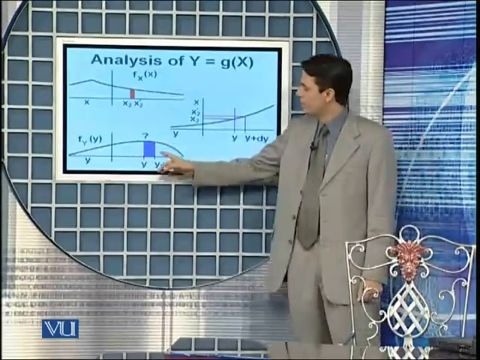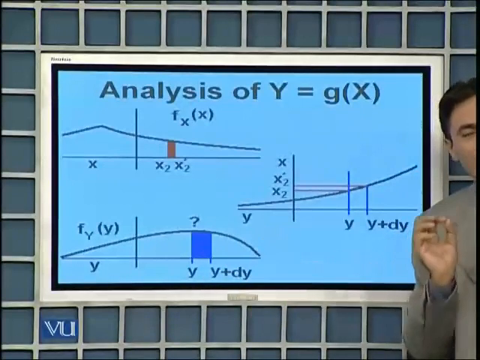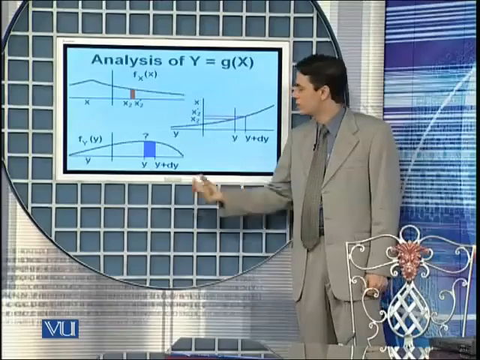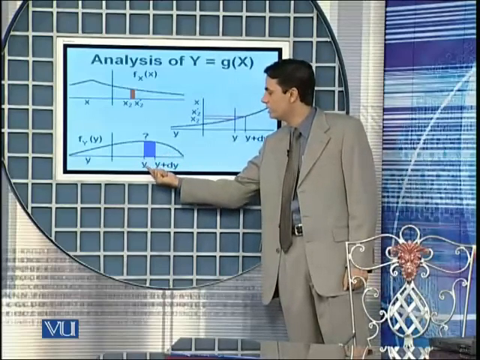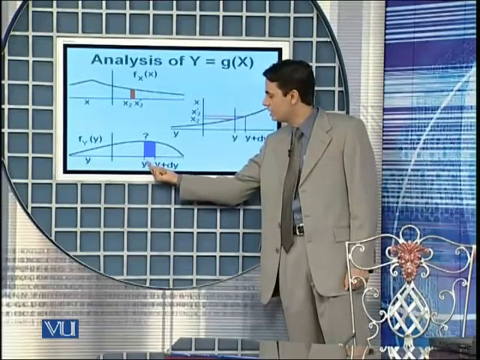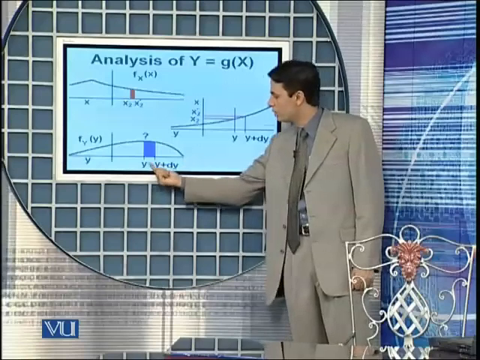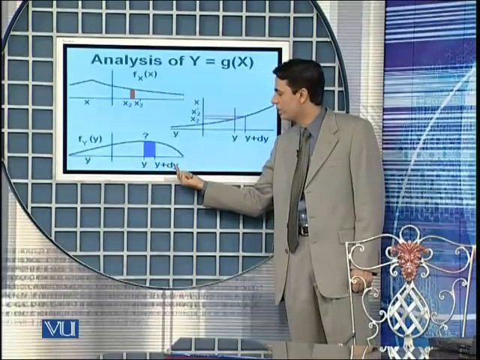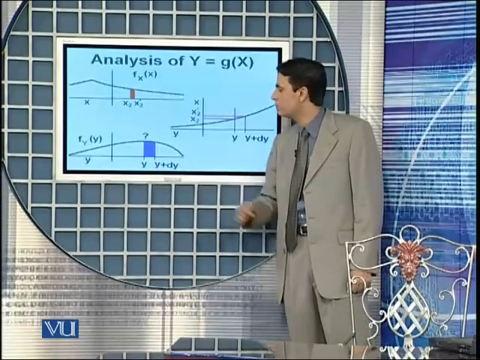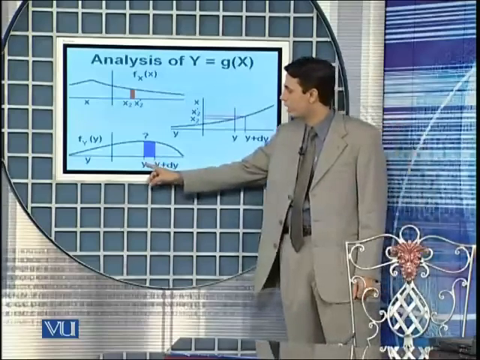So when you have picked a point y here, form a small event, an event with small probability, by picking another point near this point y, and the distance between this point and this point is just dy. So if this point is y, this point is y plus dy, because we have picked the other point to the right of this point y.